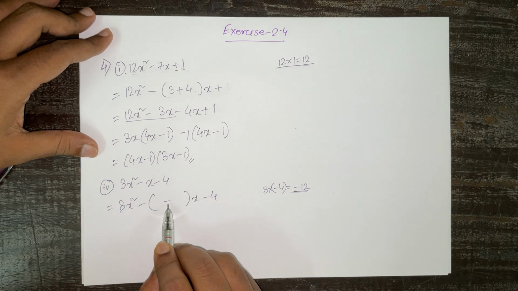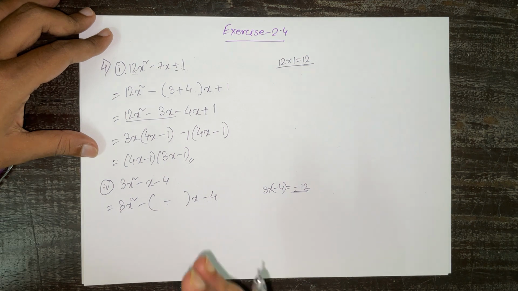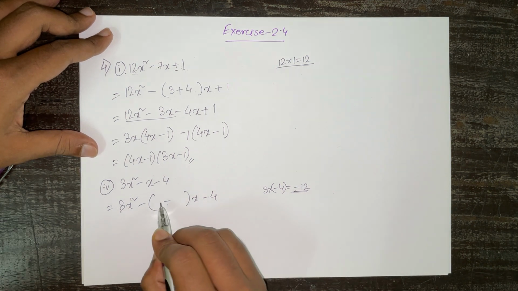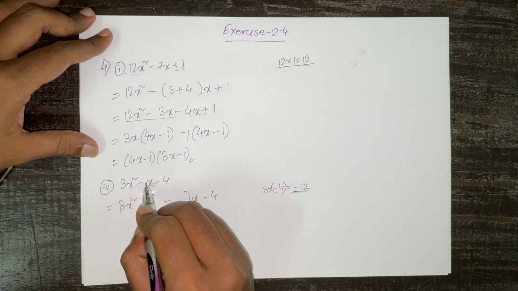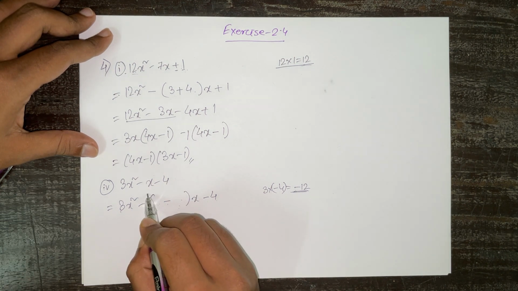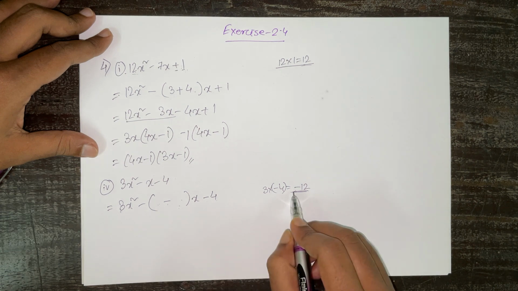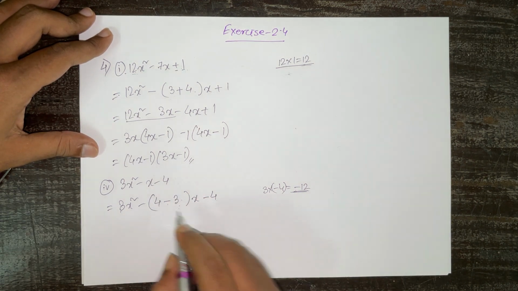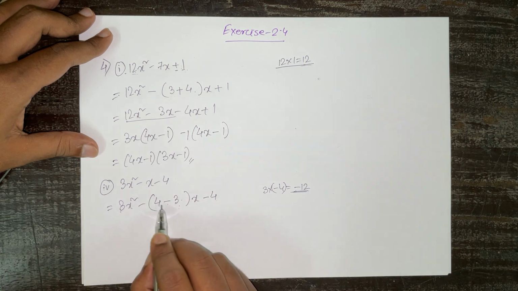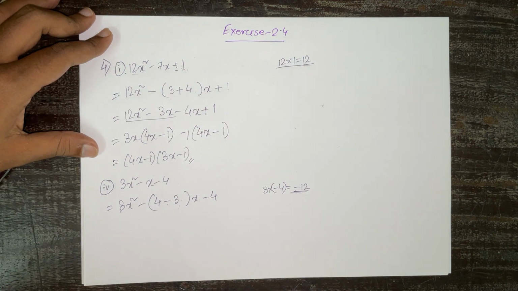Okay. So now what do we subtract? We have to subtract in such a way that their subtraction gives us 1, because we have nothing here but 1. So subtraction should give us 1 and their product should give us minus 12. So it is 4 minus 3. 4 minus 3 is 1 and 4 into 3 is 12, right?